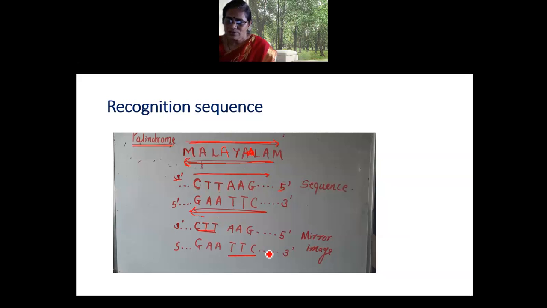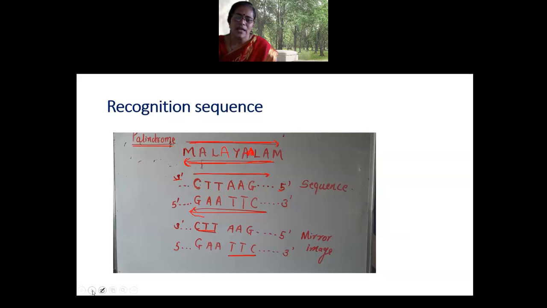In case of DNA, it is the same sequence when we read forward as well as backward, but when the orientation is kept the same. And it should be the mirror image: the first half of the first strand and the second half of the second strand are mirror images. So these are the different characters of the recognition sequence.